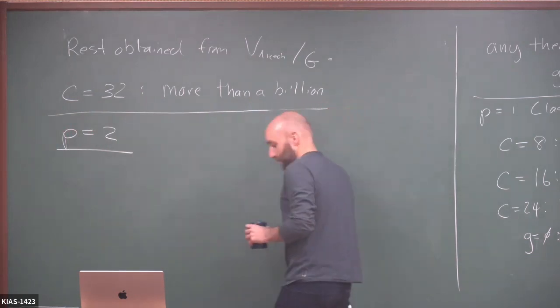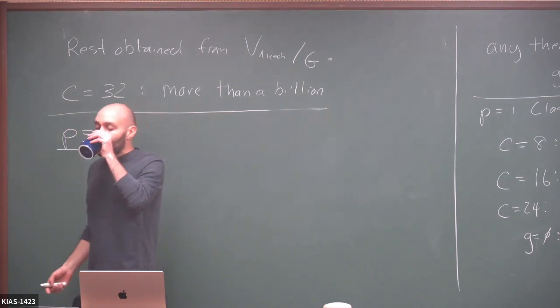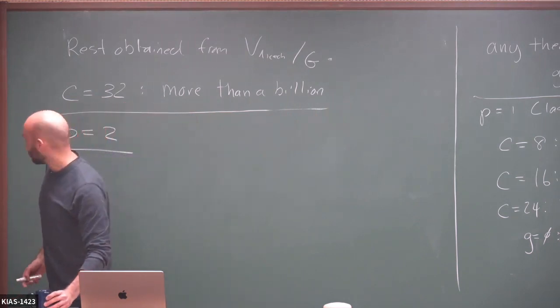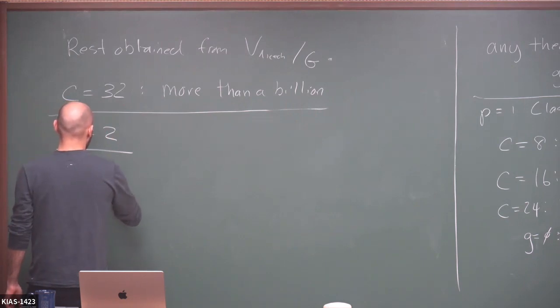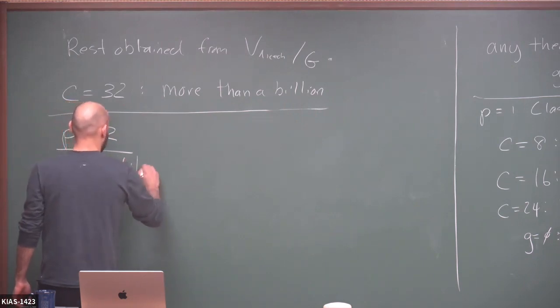Right, so for p equals 2 theories, historically, people have made heavy use of modular covariance.